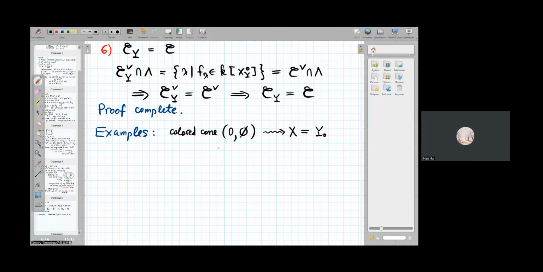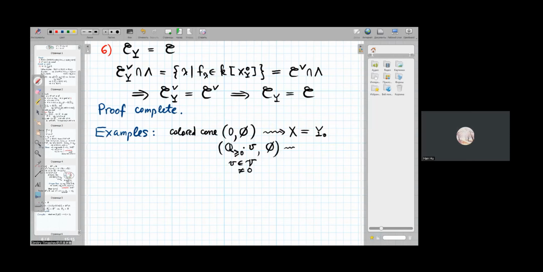So let me consider the cone which is a single ray, a single ray spanned by some non-zero vector v in the valuation cone. And the set of colors will still be empty.